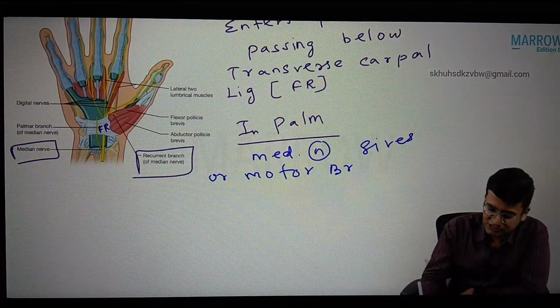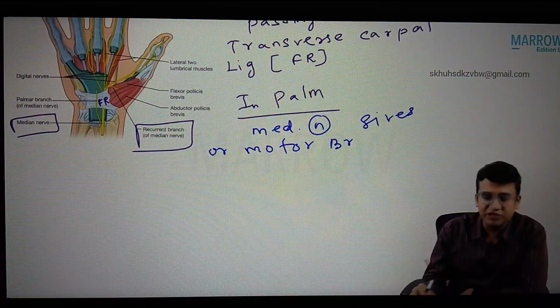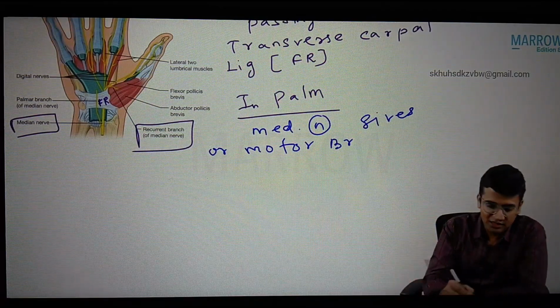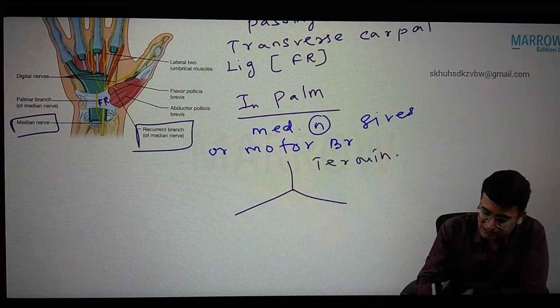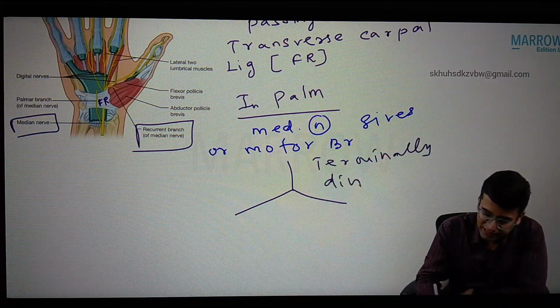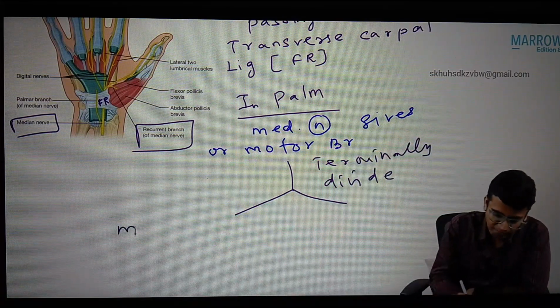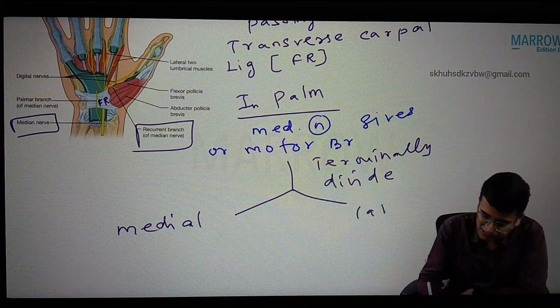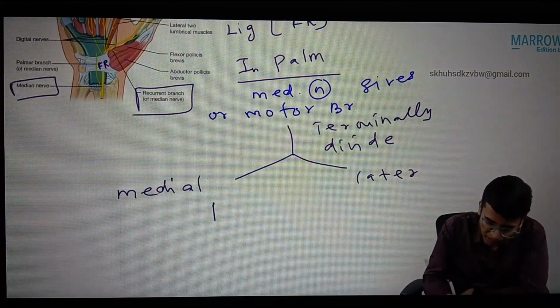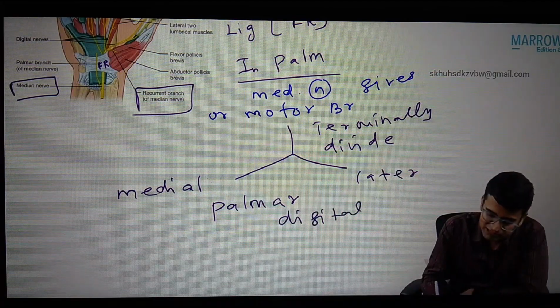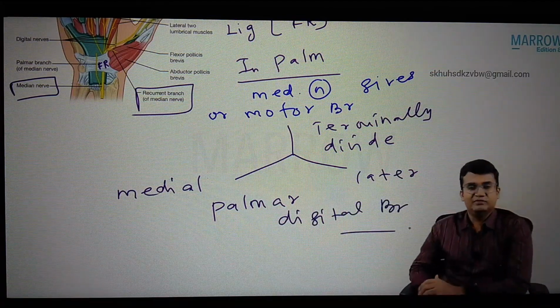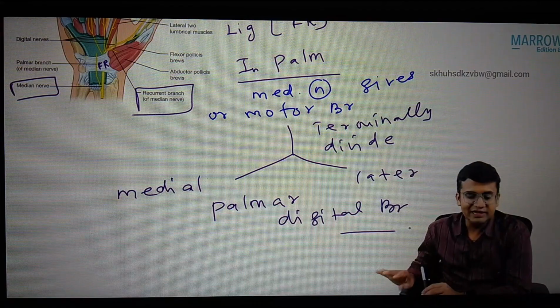After giving the recurrent branch, median nerve terminally divides into medial and lateral palmar digital branches. Now this is the course of median nerve in the palm.